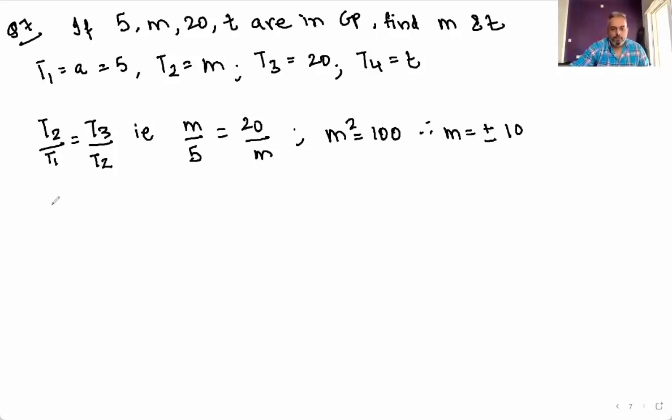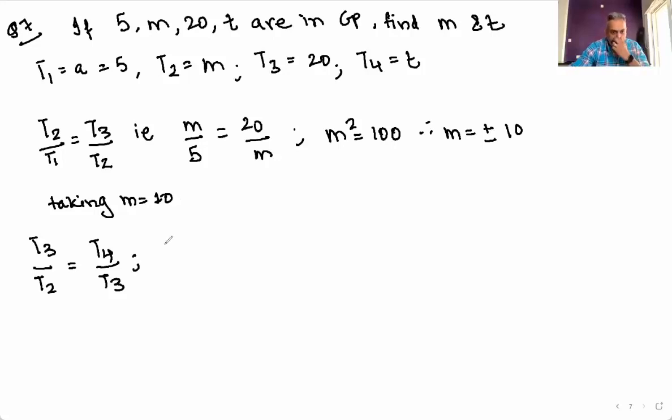Now, we have to find out T. So taking m is equal to 10, T3 upon T2 is equal to T4 upon T3.